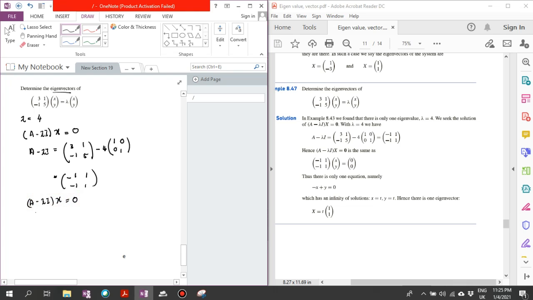So A minus lambda I is equal to -1 1 -1 1, times x, which is x y, equal to 0.